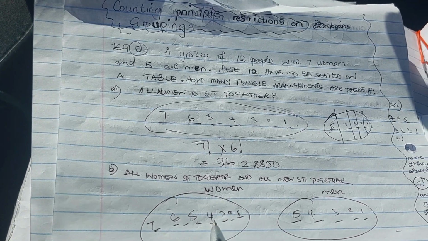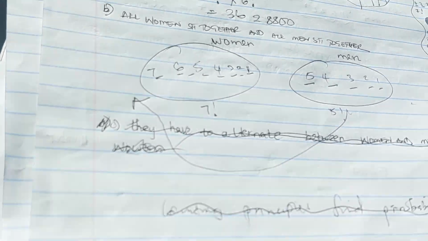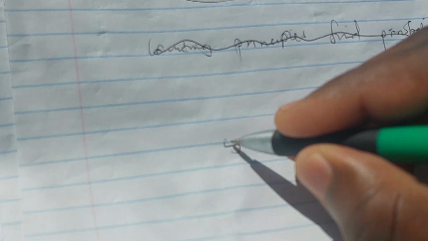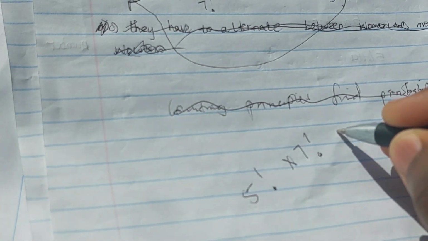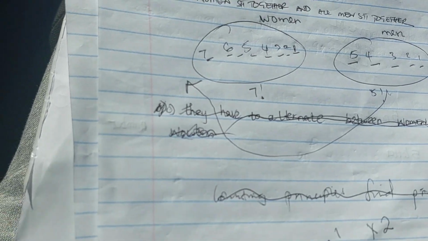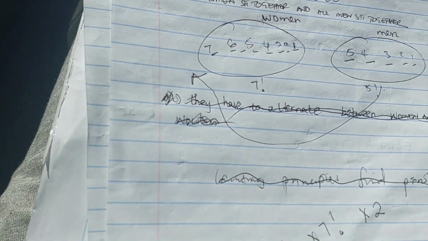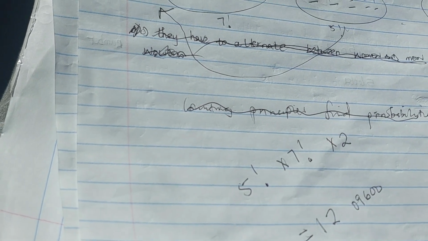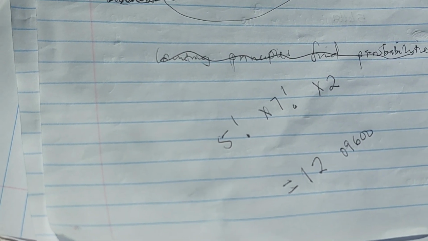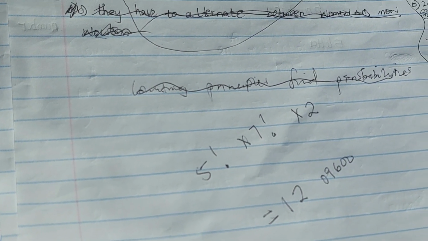That means it's 5 factorial times 7 factorial, then times 2, as we can have 2 possibilities. So my answer is 5 factorial times 7 factorial times 2. By the end of the day, I think you get something like this. These are the number of possibilities we are going to have from 5 men sitting together and 7 women sitting together.